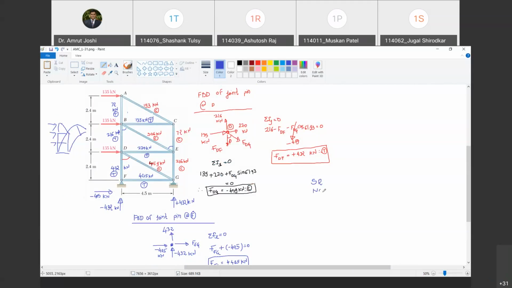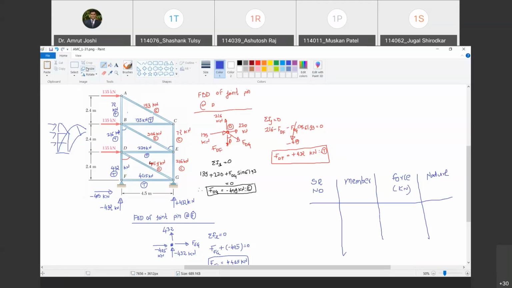Are you with me? Yes. Then member, so you can designate the member by its name, such as AB, BC. Then magnitude of force, let us say in kilonewton, and then nature, whether it is tensile or compressive. So you can as well report the results in this tabular form.